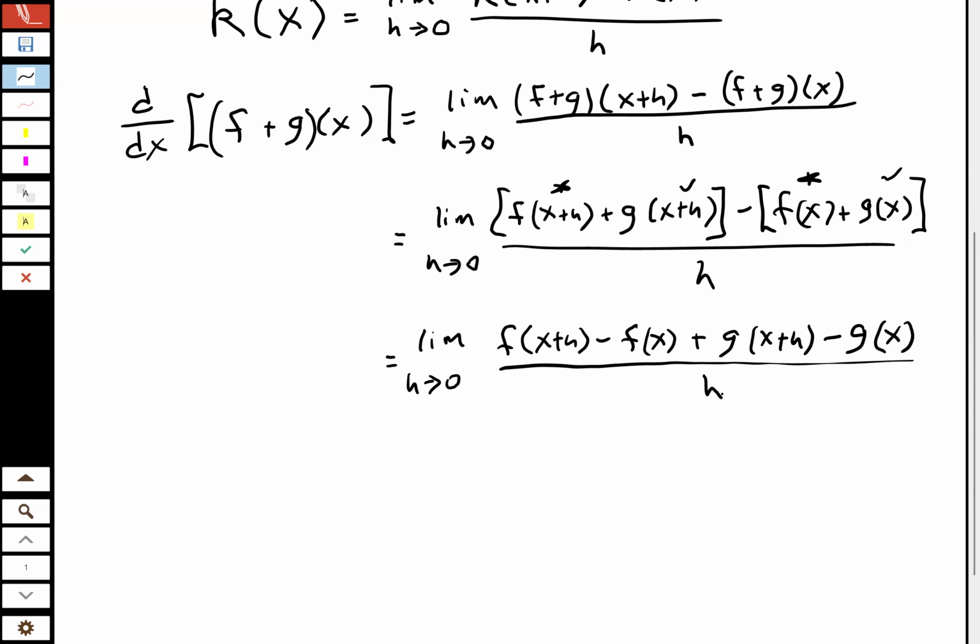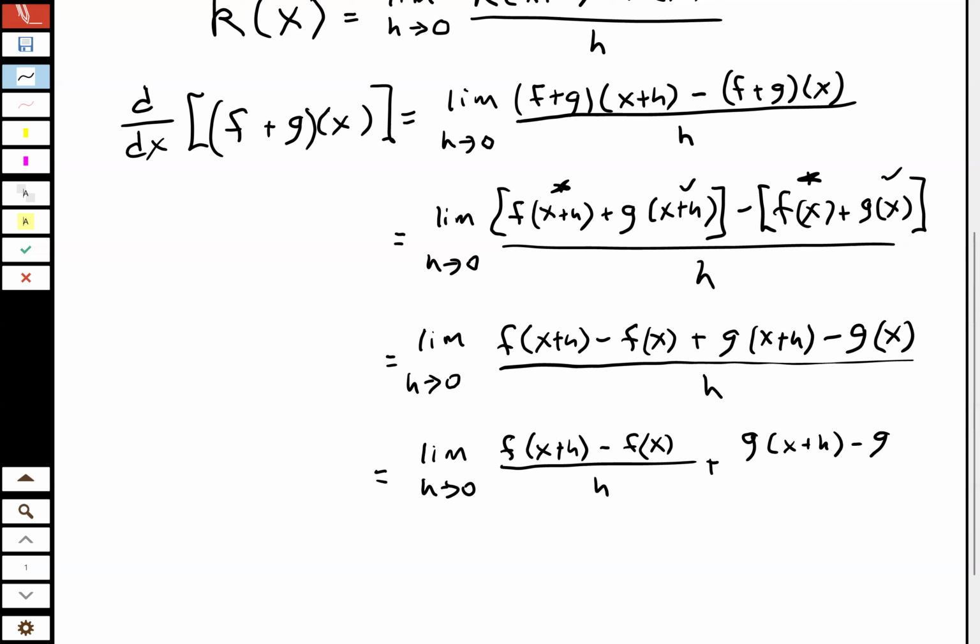Now, when I say this whole thing is divided by h, that means each of these four terms is divided by h. So I could write this another way, as the limit as h goes to 0 of f of x plus h minus f of x, and I need to divide all of that by h, and I need to divide both of those g functions by h as well.